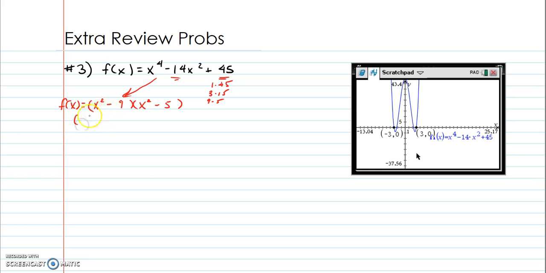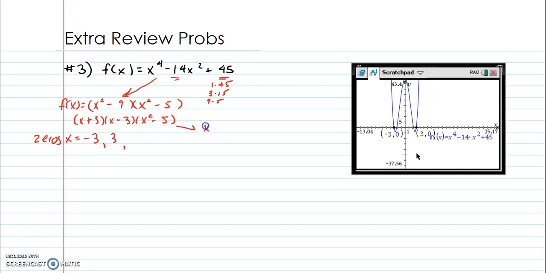So I keep breaking this down because I can break down x squared minus 9 into x plus 3, x minus 3. This one I can't split, so that would be factored as much as it can be. But then my zeros over here are going to be negative 3, 3.